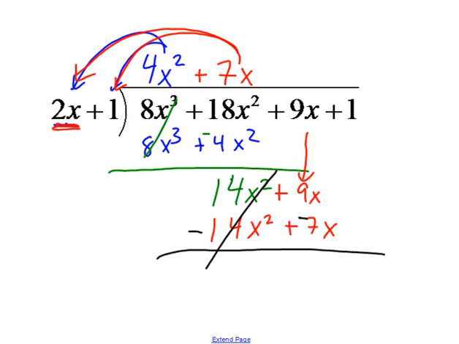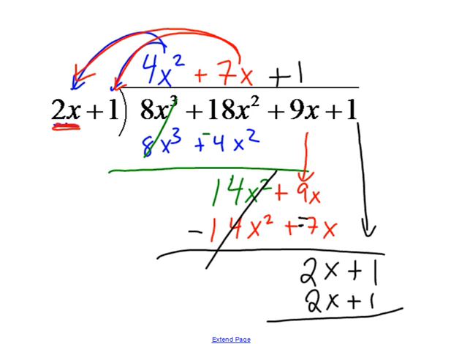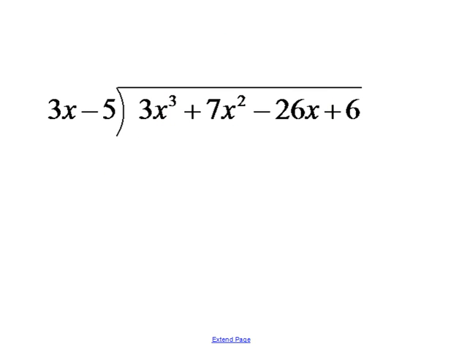That goes away. I have, make sure you can see that, 2x. Last thing, bring down the 1, and you can see 2x plus 1 will go into 2x plus 1 one time. All right, now you try it with a coefficient and see if it works for you. Pause the video, check your answer when you're done.